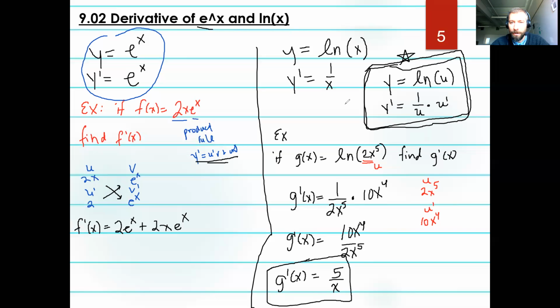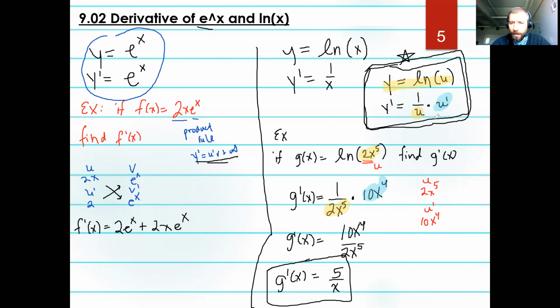So how did I get here? I thought about my formula, since it was natural log. I identified u, right? There it is. So u goes in that bottom. And then I identified what would u prime be? The derivative of u. I did that work off to the side.